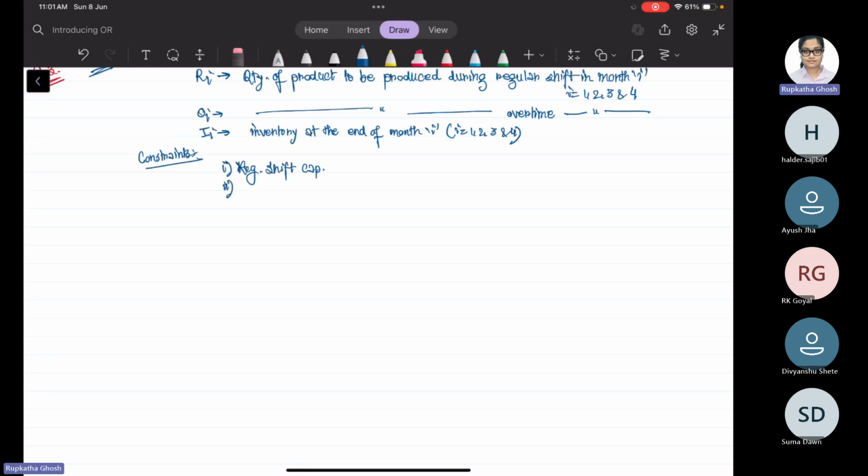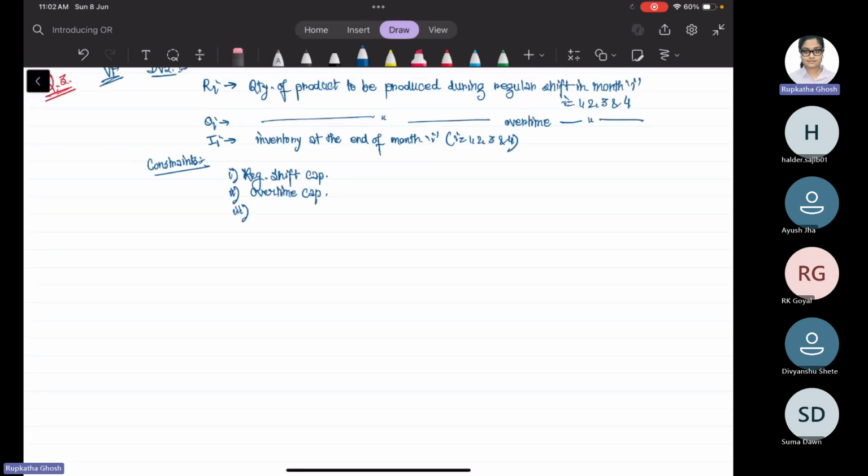You will have overtime capacity constraint. What else? Inventory should not be there at the end of month 4. Okay, so ending inventory.